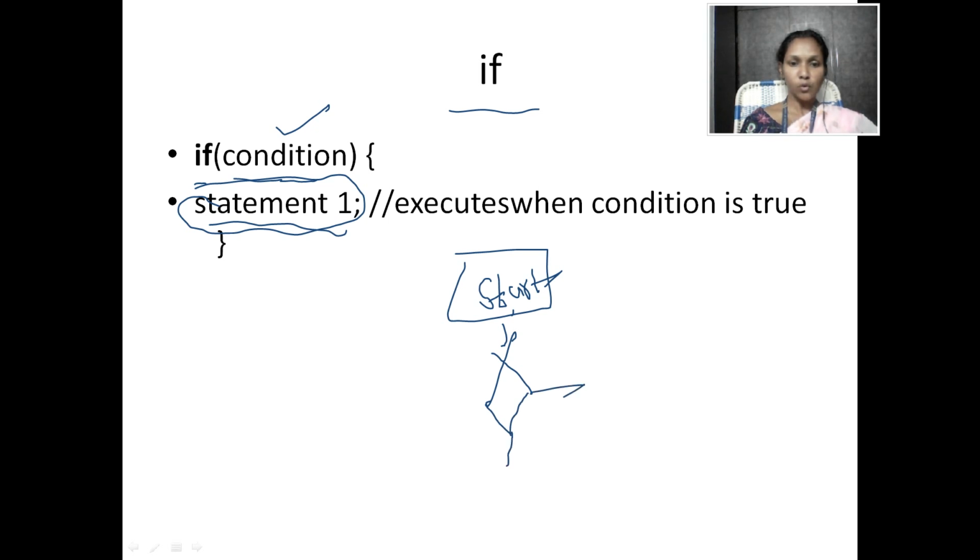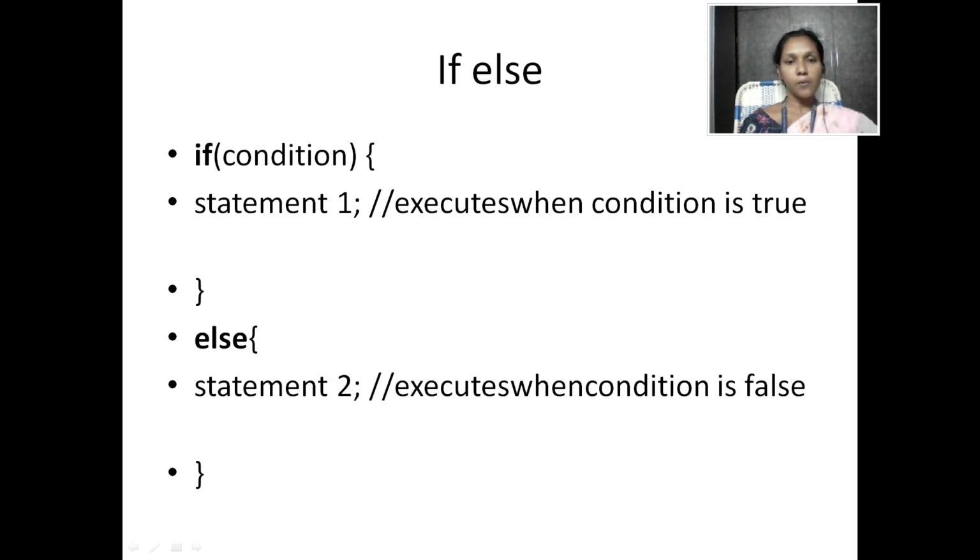If it is true, then statement 1 is executed. If it is false, no statements are there, it simply stays silent. Once the syntax is completed, then we can go to the program part.